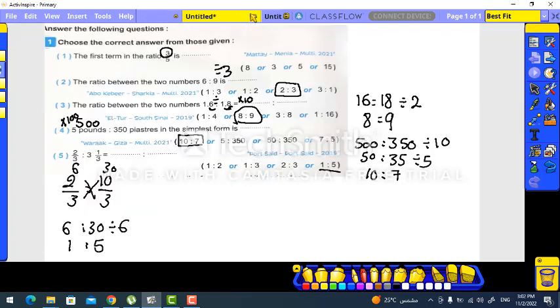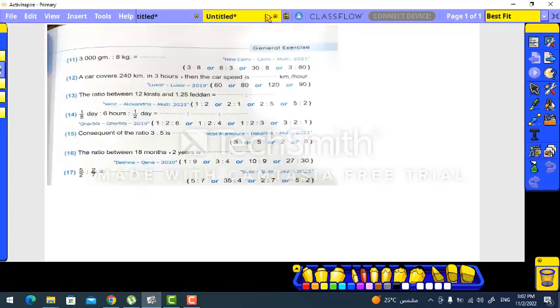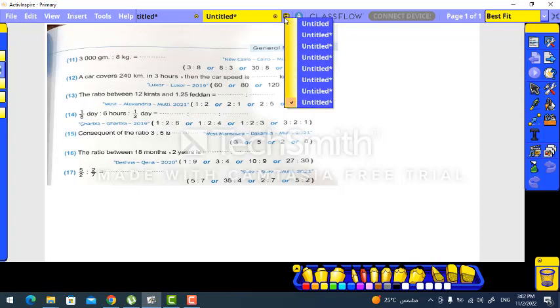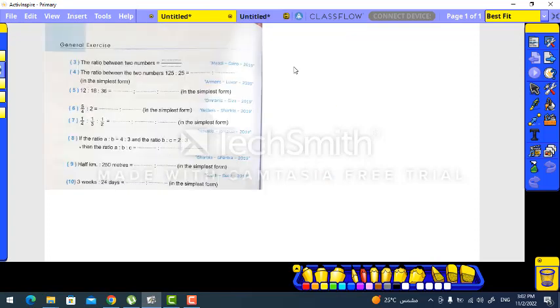Yes, the next. The ratio between the two numbers, yes, as we know, first number and second number.